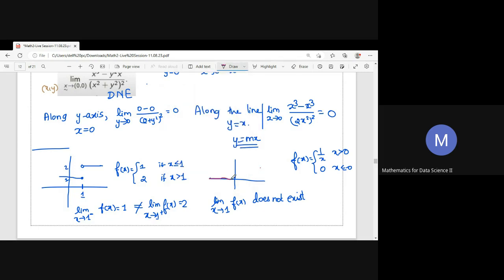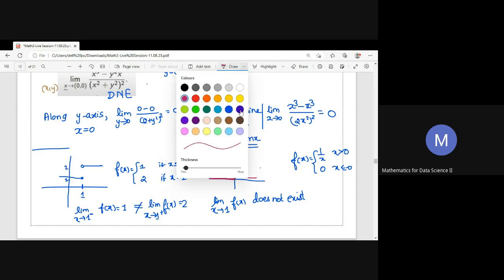From the left side, it is like this up to this point, and here it is just going up. When it comes closer to 0, it is going towards infinity.